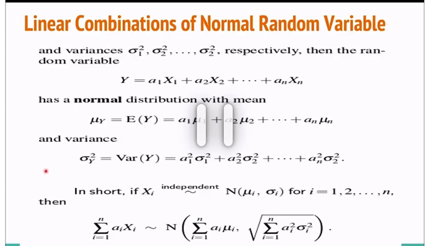So I can find the mean of y and the variance of y. Then automatically, if each of the variables that make up the linear combination follows a normal distribution, then their linear combination will also follow a normal distribution. And that's exactly what we mean.